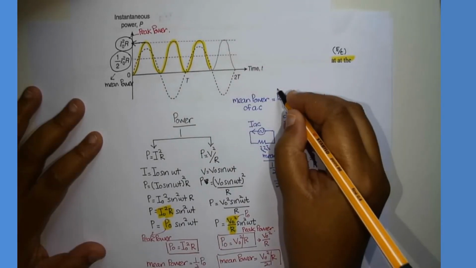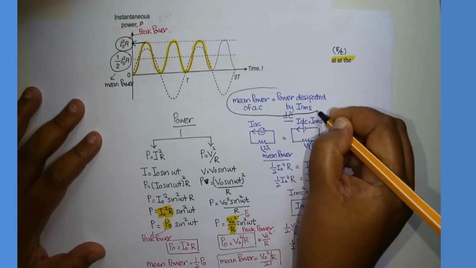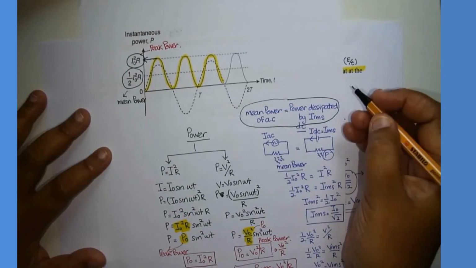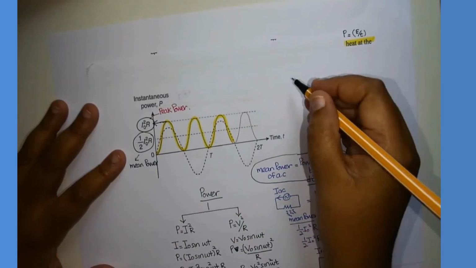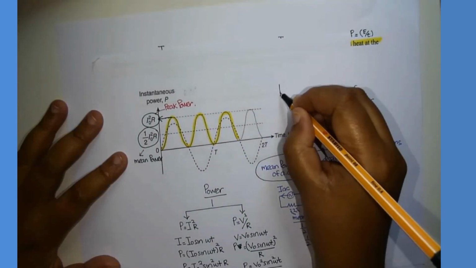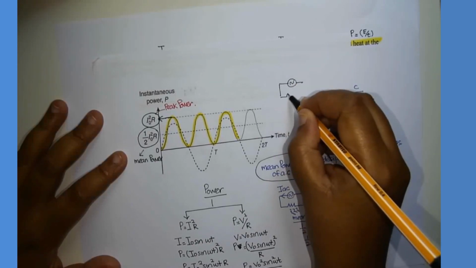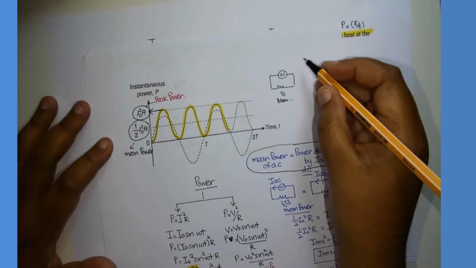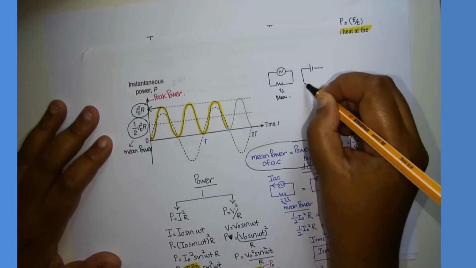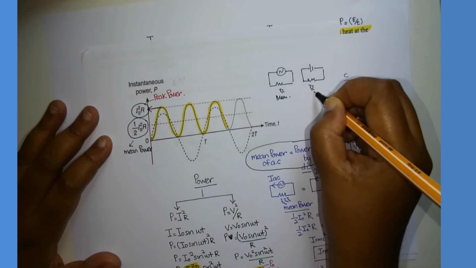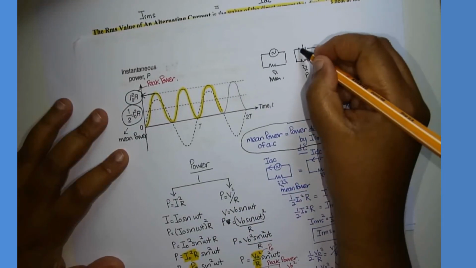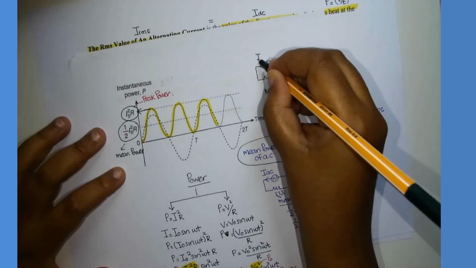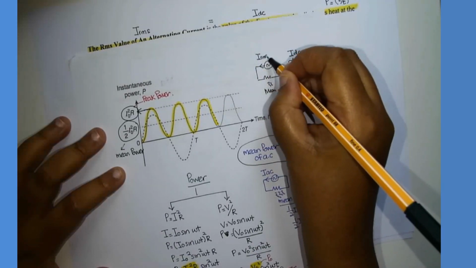Let me clear the air about why I wrote it like this. What I meant when I wrote this is the mean power of an AC. So I have an AC here, dissipating mean power, and also the power dissipated by a DC. The I here is IDC and here is IRMS.